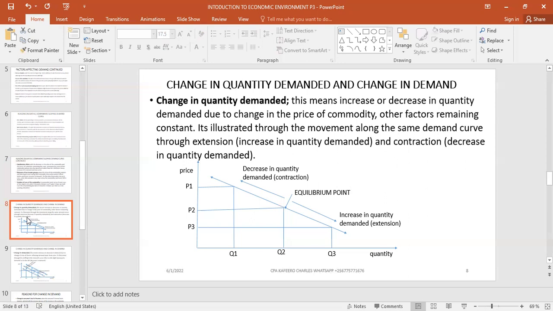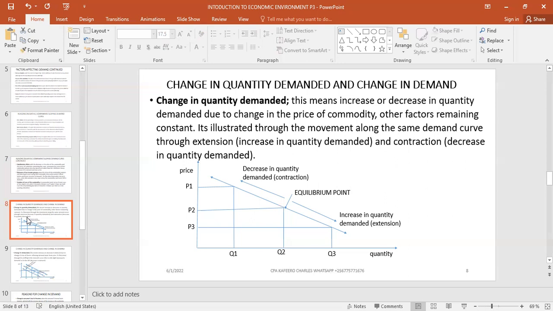It means a change is either increasing or reducing. So when you are defining, you make sure there is increase or decrease in the quantity demanded, and what causes the quantity to increase or reduce is the change in the price of that commodity, keeping other factors constant.